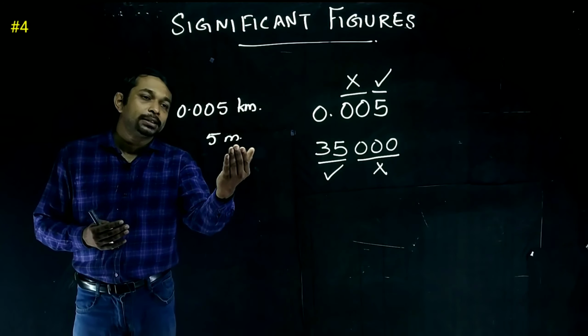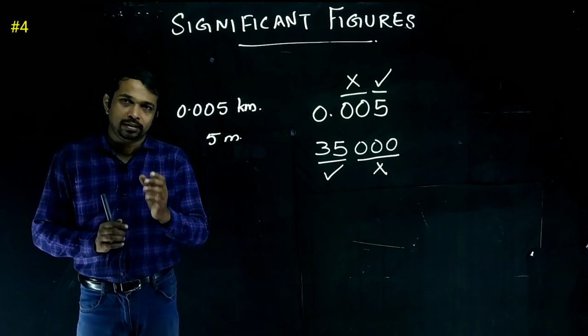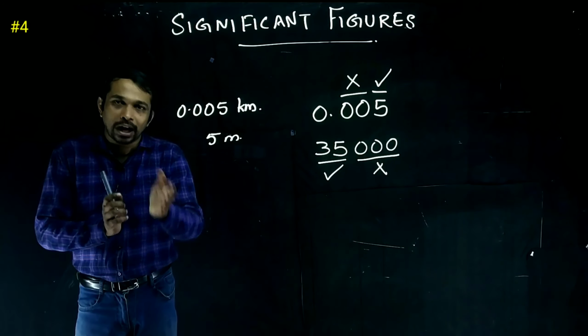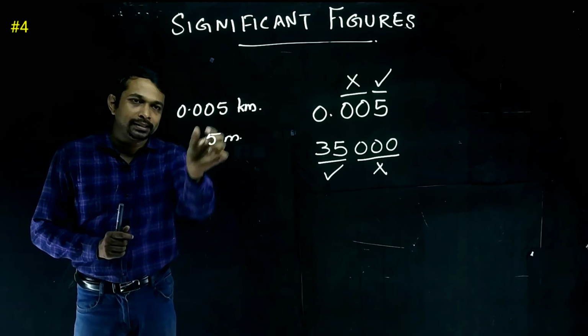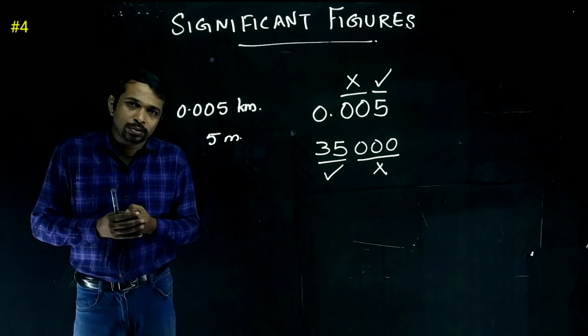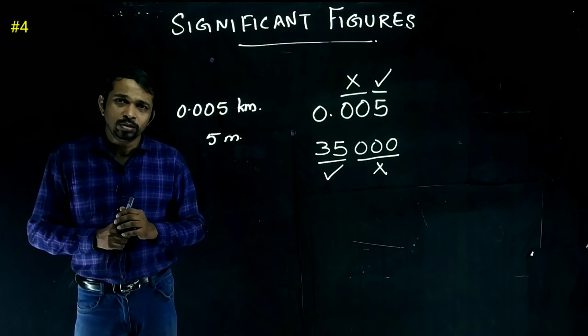So these two zeros, they are not standing for the precision, they are just standing because we had to convert it from meter to kilometer. They are just holding their place value there, they are just holding their position.